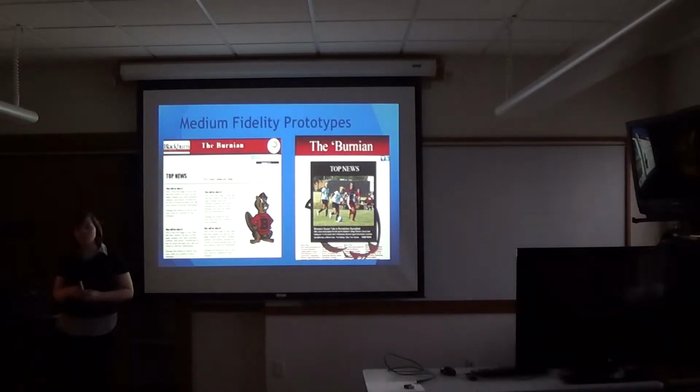After my first meeting with the Burnian staff, I got an idea of what kind of things they were looking for. They were looking for pages for each topic of the newspaper, such as student life, and these were just examples that I prototyped. They wanted to be connected to the networks: Facebook, Twitter, and the other one, Instagram.